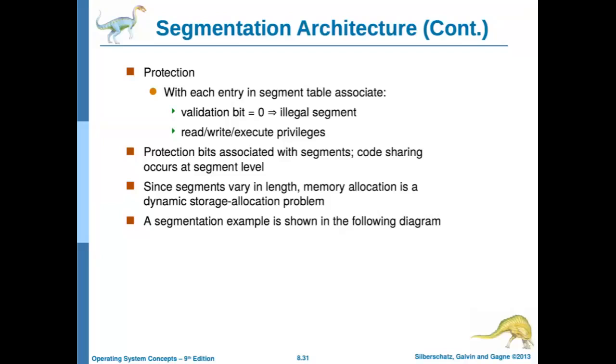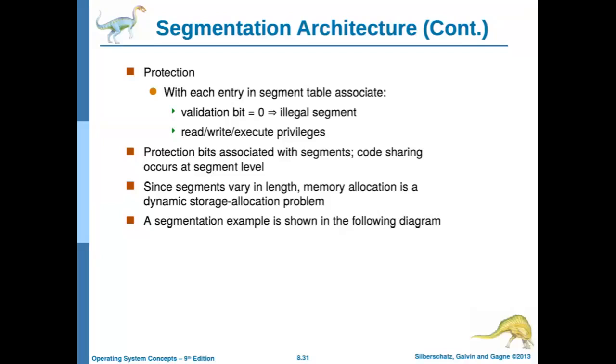So the segmentation architecture has the dynamic storage allocation problem, and that we saw. There is a problem of fragmentation. Anyways, we saw the solution for that also. That is compaction. In case of disk, we call it defragment.